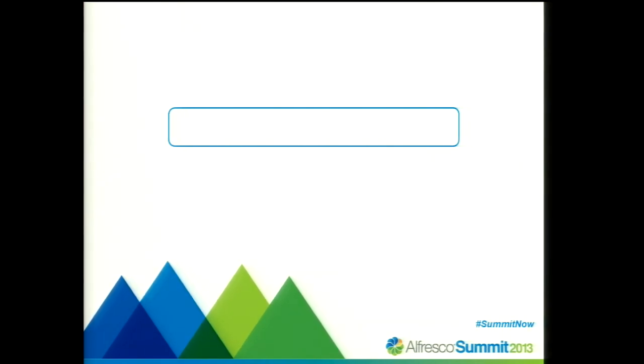Hi, I had two questions. First was a really quick one. The default in 4.2 for a new install, is that transactional if possible? Yes. Okay, cool. And I had a quick question about the general usage of the search service in Alfresco.